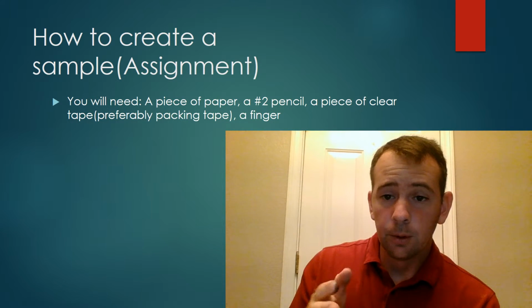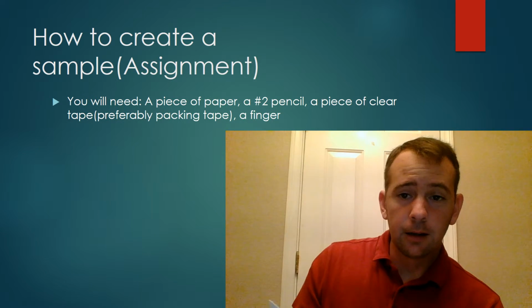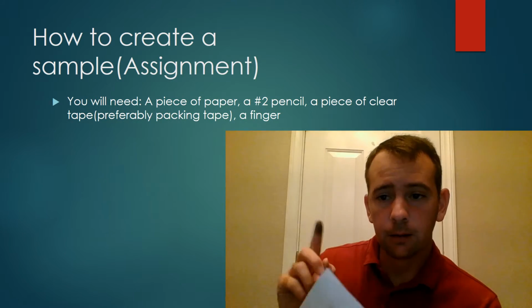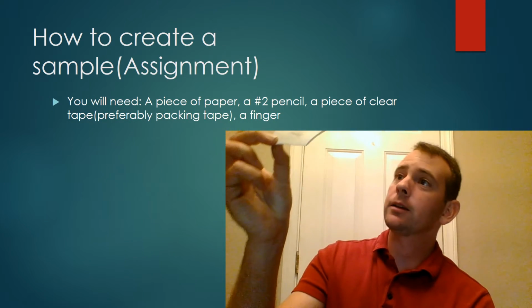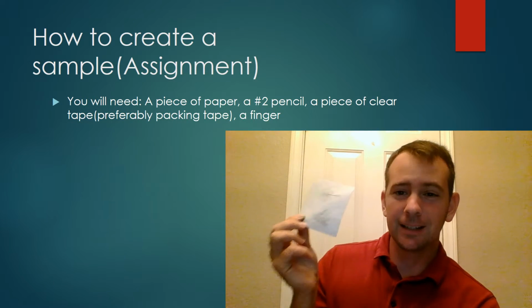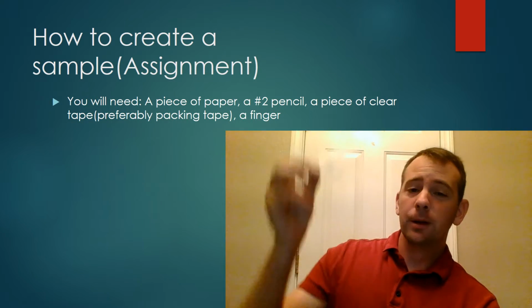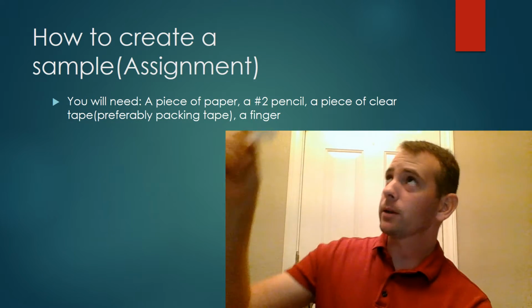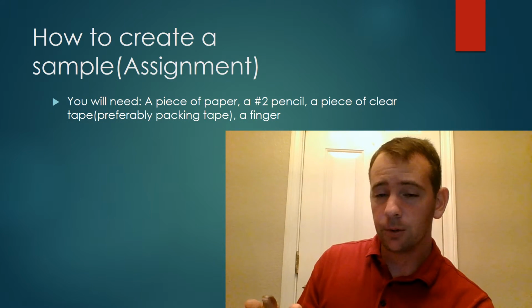Now, for you at home, on your nice piece of packing tape, the tape is very clear, and your print will be in black graphite, which means that when you hold it up to the light, you will be able to see your fingerprint in exact detail. It's very clear, and you'll be able to identify your own key features very easily. You'll be able to see just by looking at it if you have loops, swirls, or arches, just as you would if you were looking at your own hand.